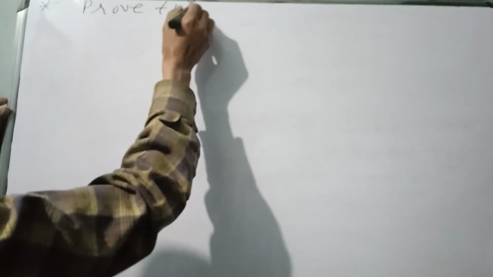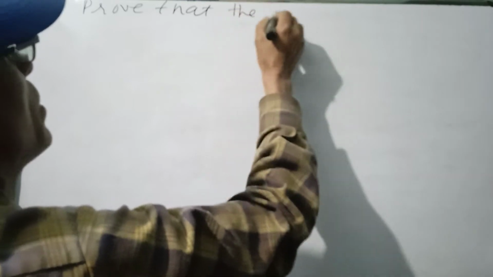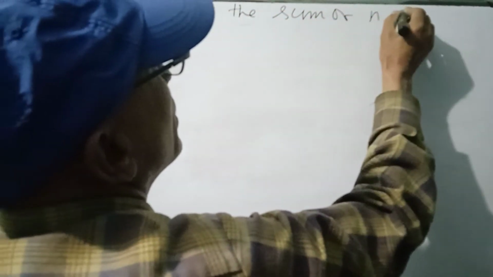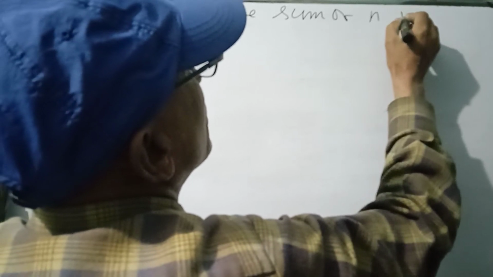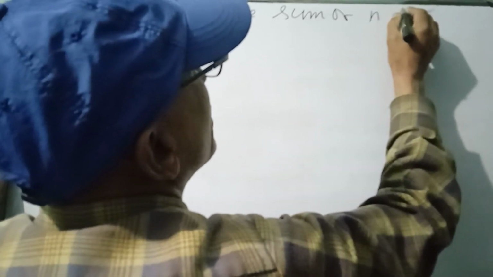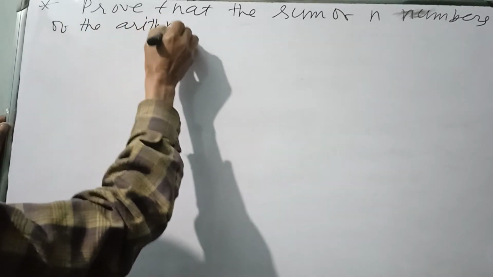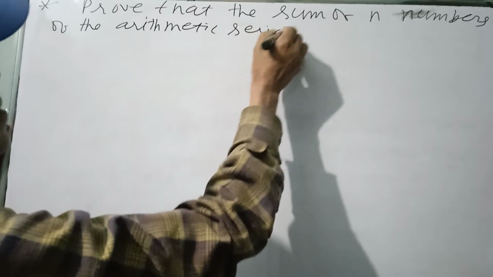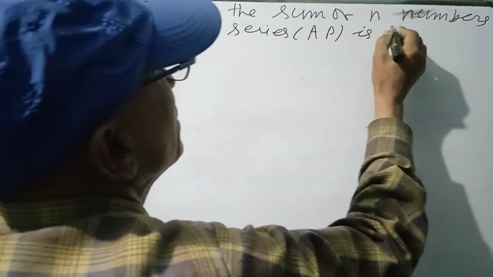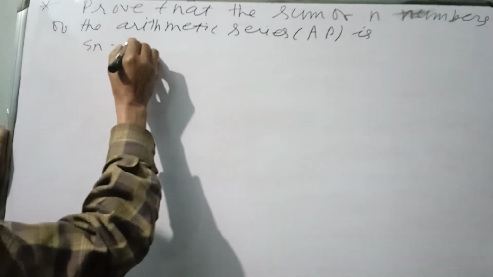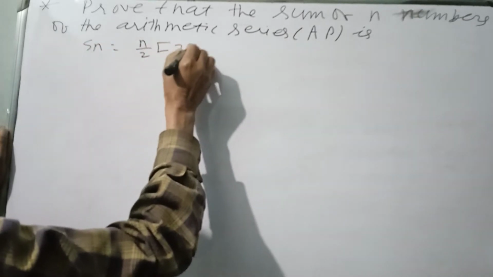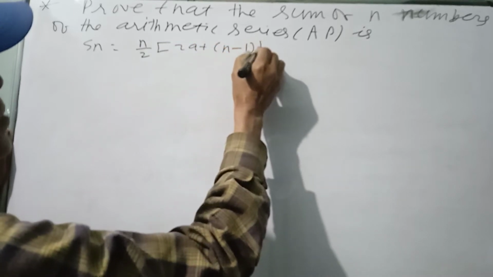To study theory is very important. How to prove that the sum of n numbers of the arithmetic series AP is n by 2 into twice a plus n minus 1 into d.